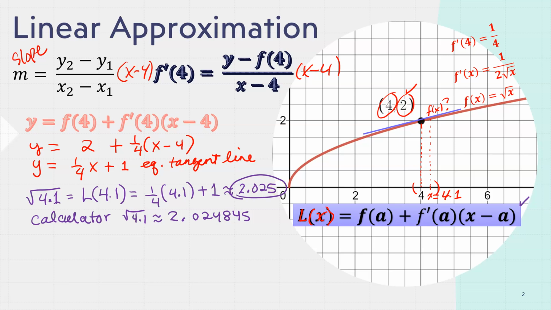Linear approximation is being used for values near the point a. How near is near? We're going to discuss that later in this chapter. So that's the linear approximation, and that is a quick review of Calc 1.